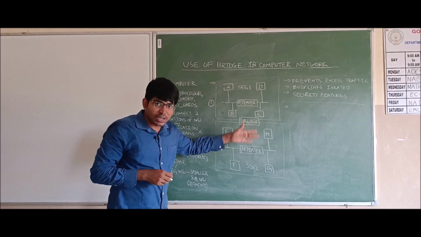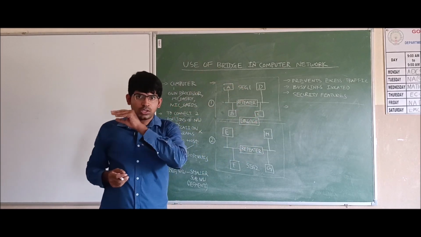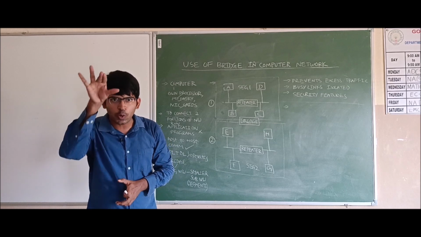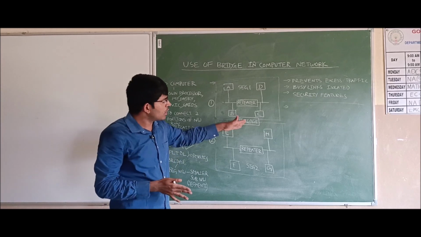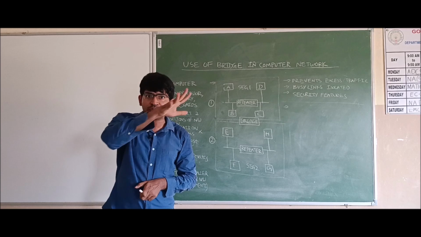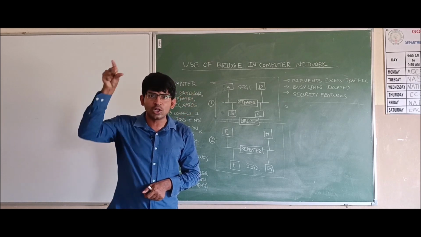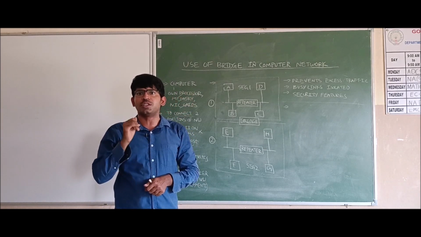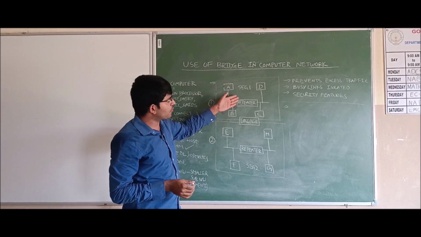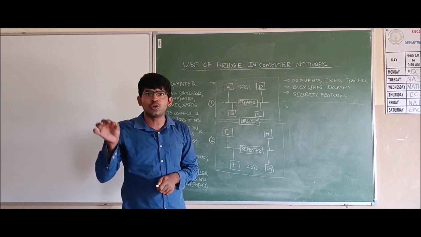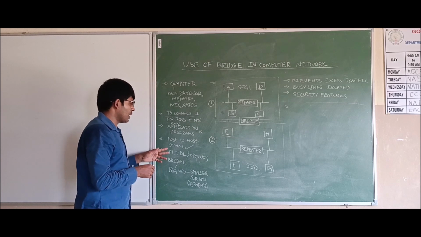In the same network, these two are the portions. To connect two portions of the same network, we use the bridge, whereas the switch we discussed, to connect two computers, we use the switch. But to connect different portions of the network, we use the bridge.